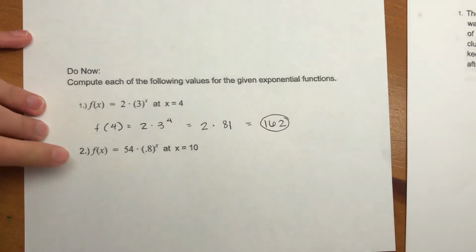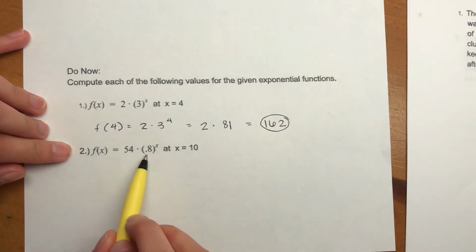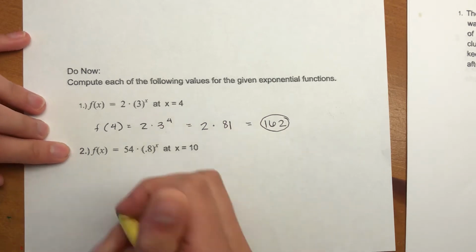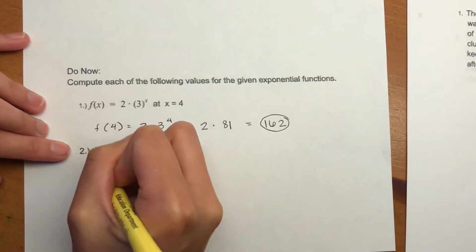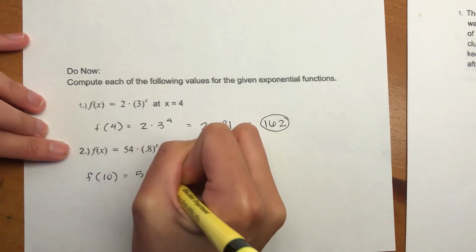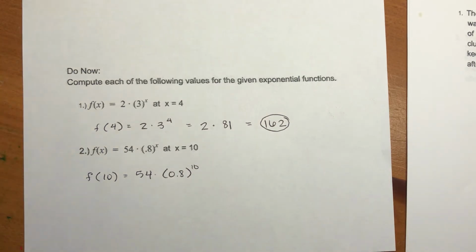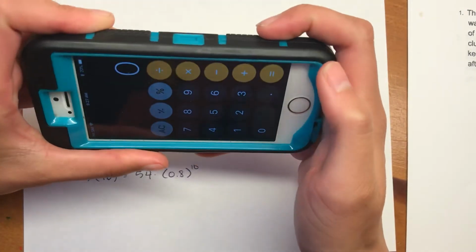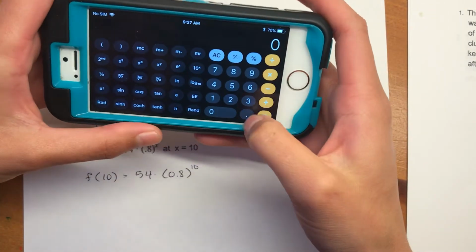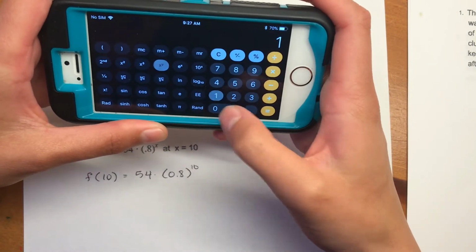All right, for number 2, f of x equals 54 times 0.8 to the x at x equals 10. I'm substituting in a 10 wherever I see an x. 0.8 to the 10. Now, for this example, I don't know what 0.8 to the 10th is off the top of my head, so I'm going to get out my calculator, and I'm going to say 0.8 to the 10th.